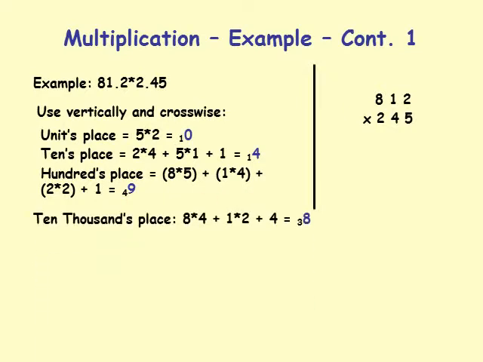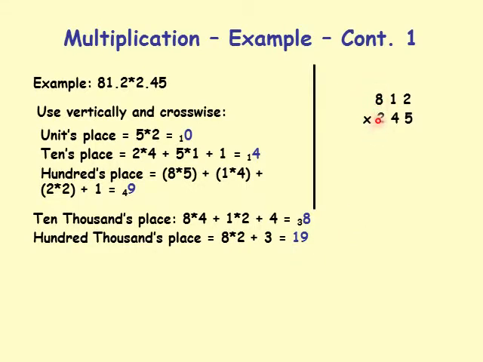Let's continue here. The thousands place is these two numbers crosswise: 8 times 4 plus 1 times 2, that's 34, plus 4. That's 38. We'll use 8 and carry 3. Let's continue here. The ten-thousands place is this number.